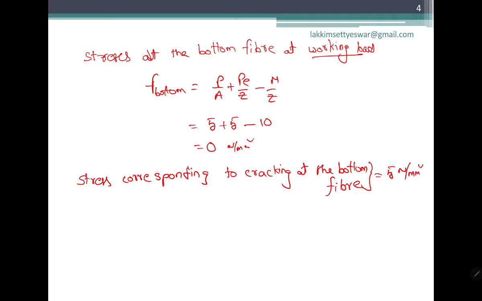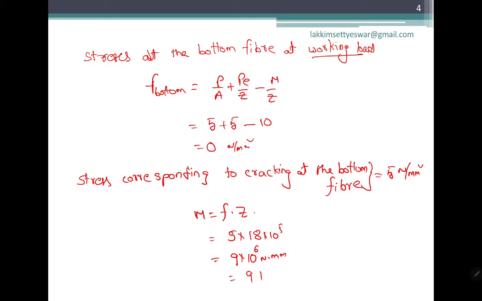The extra moment required to create this stress is M is equal to f into Z. That is 5 into 18 into 10 power 5. This value comes 9 into 10 power 6 Newton mm.